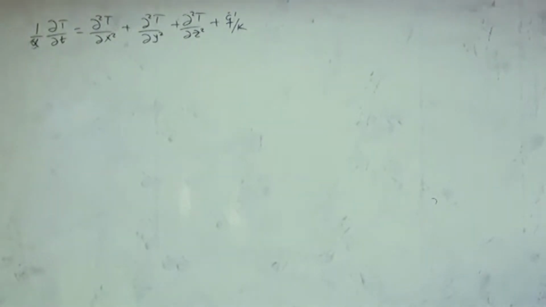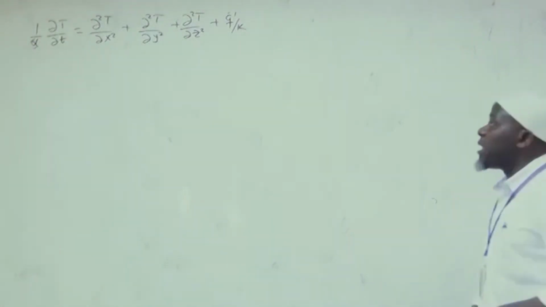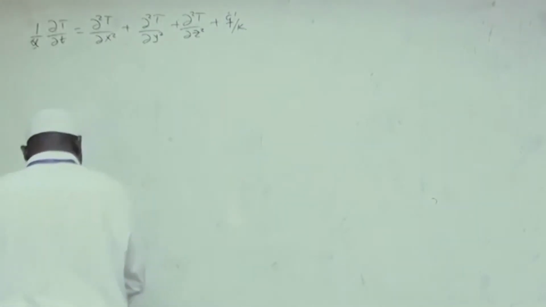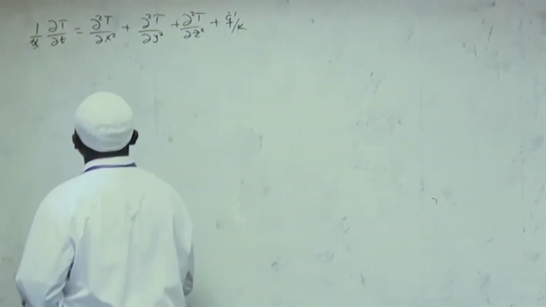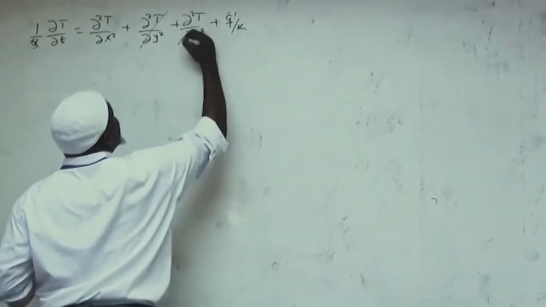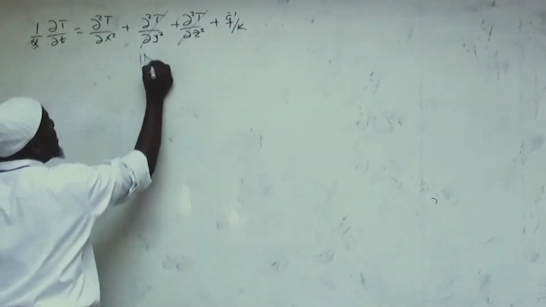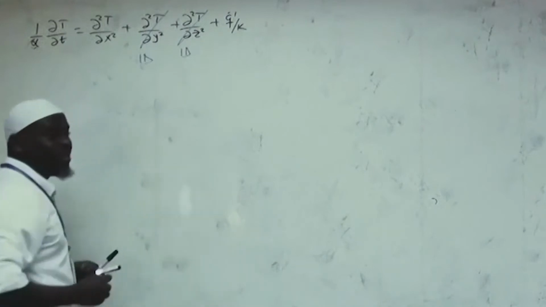So from the question itself, it says one dimension. It means that y and z components will be taken out of the equation. So this is 1D.